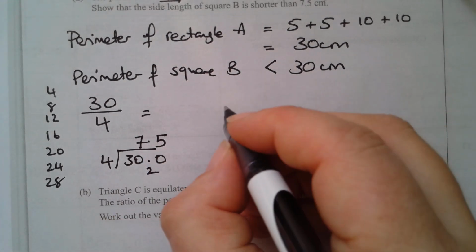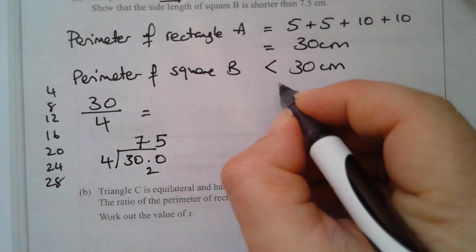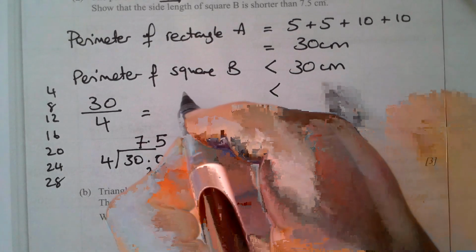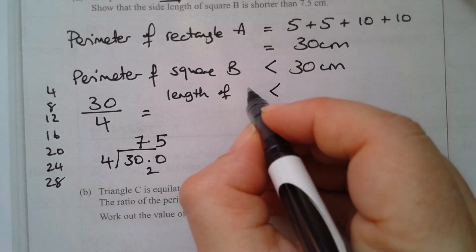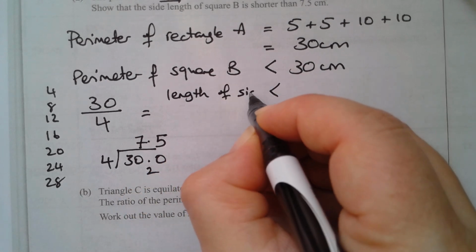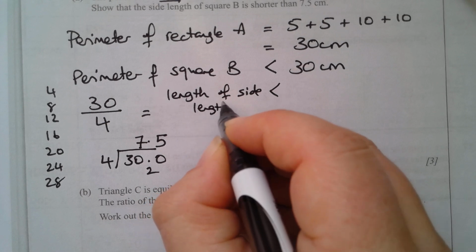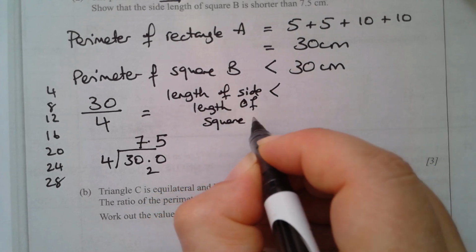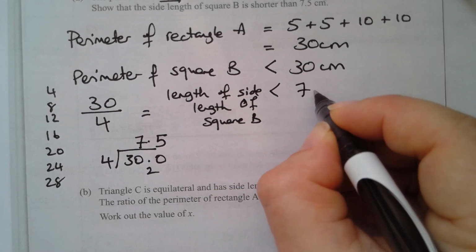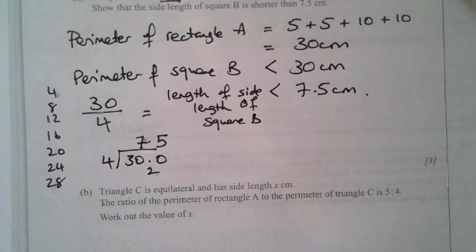So the perimeter of square B has to be less than, sorry, the side length of square B is less than 7.5 centimetres.